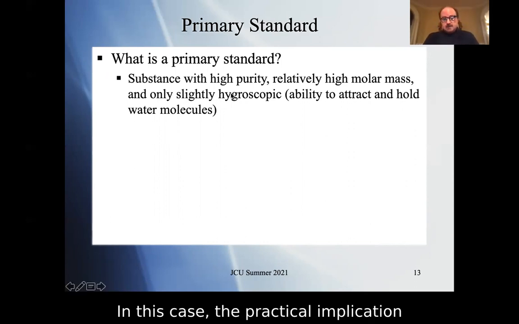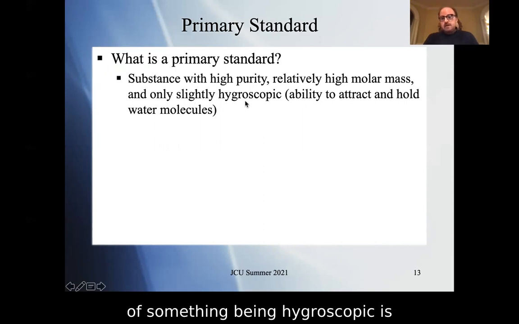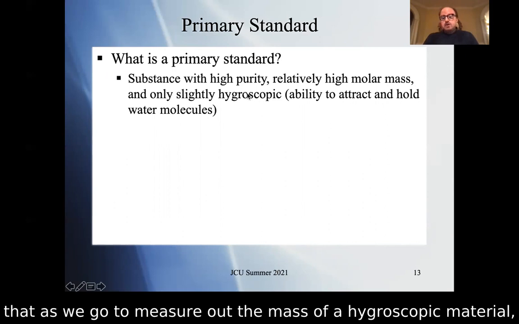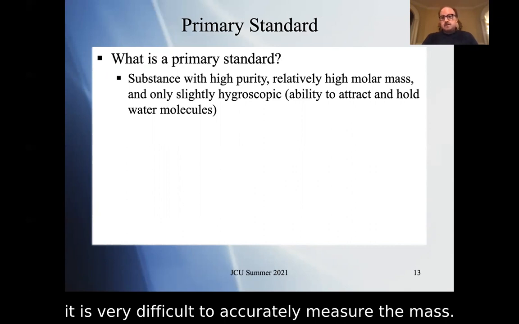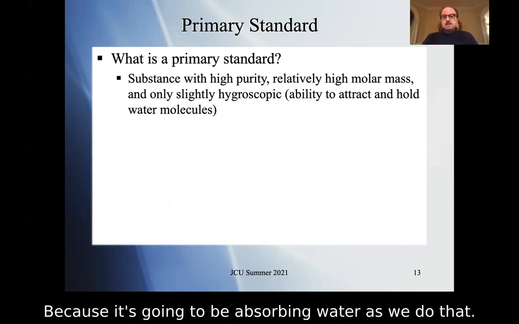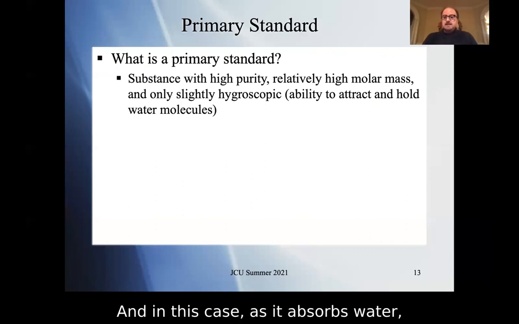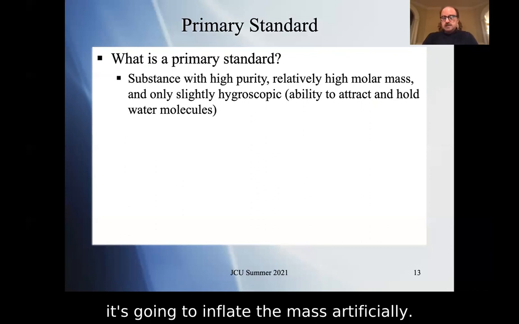In this case, the practical implication of something being hygroscopic is that as we go to measure out the mass of a hygroscopic material, it is very difficult to accurately measure the mass because it's going to be absorbing water as we do that. And as it absorbs water, it's going to inflate the mass artificially. So say we want to measure out a gram.